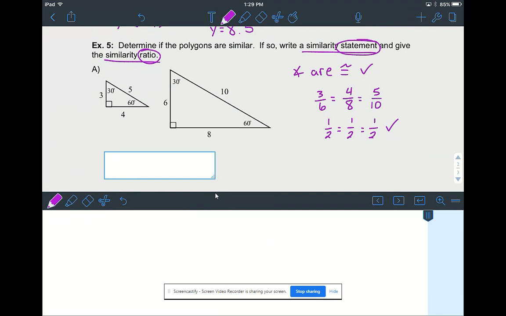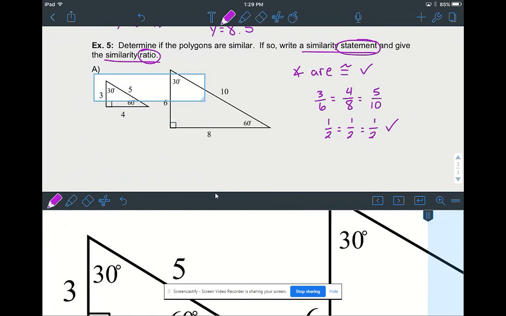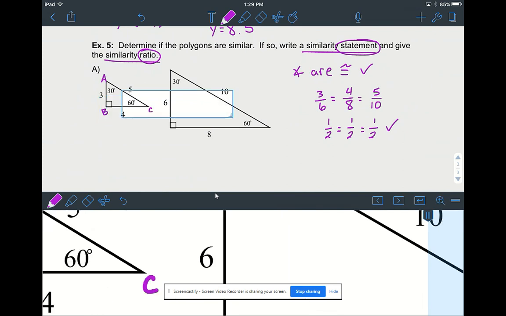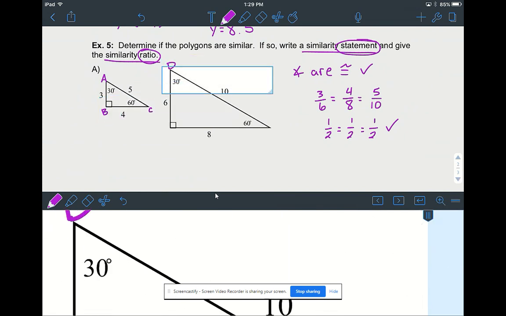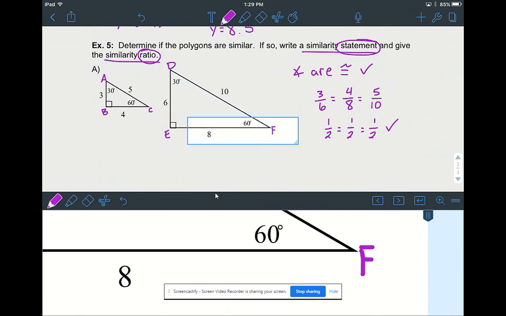If they are similar, it says write a similarity statement. So that would mean, whoops, I didn't put letters on here. A, B, C, D, E, and F. Sorry, guys.